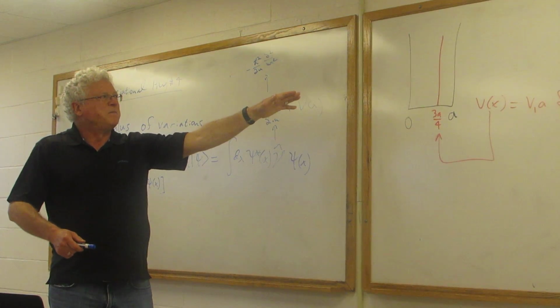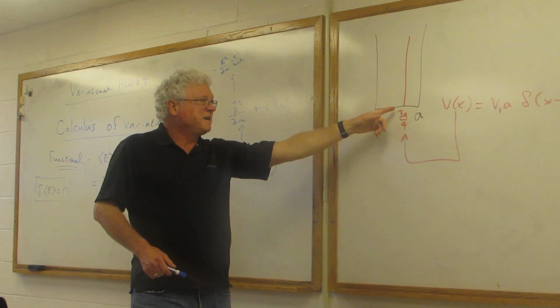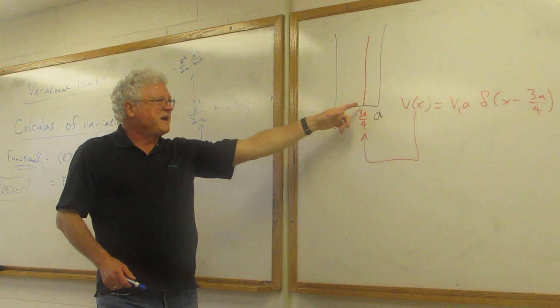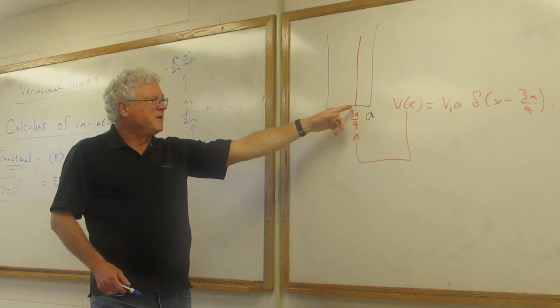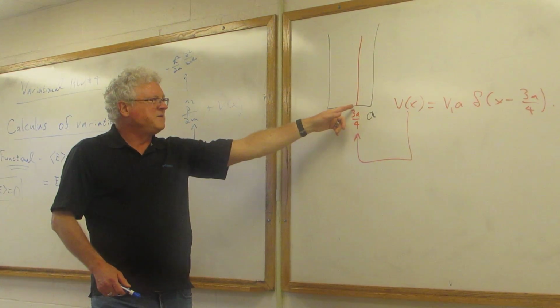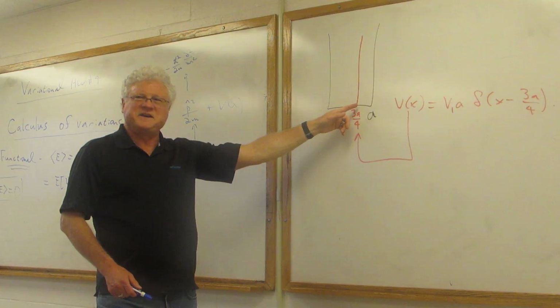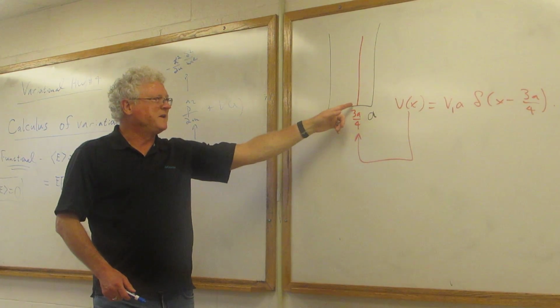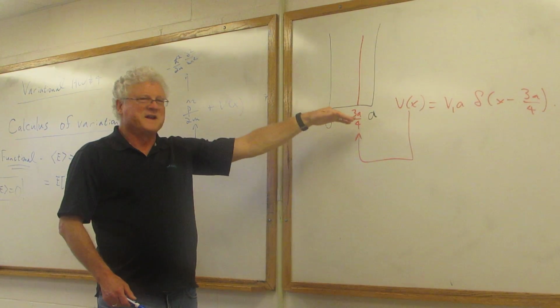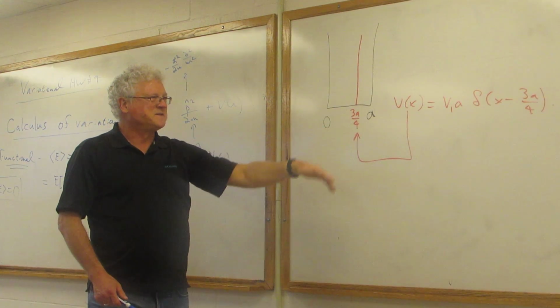But if this guy is here, ideally you'd like the wave function to have a little bit less weight there, because that will reduce the energy and get you closer to the ground state energy.